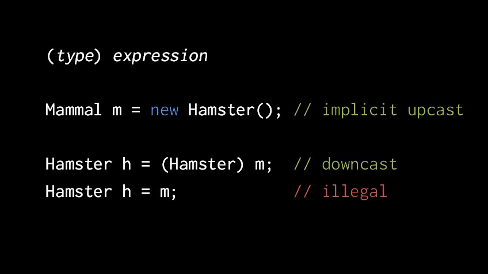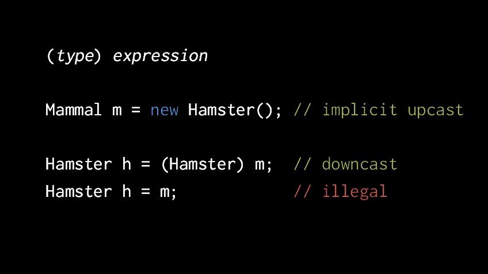As far as the compiler can see, M here might at runtime be holding a proper mammal object, or it might be holding some other subtype of mammal which is not related to hamster. Because of branching, it's quite possible that the compiler, even if it put the effort to try and figure out what M at this point is going to hold, it might actually be indeterminate, because it might, say, rely on user interaction or something else from outside the program. So even in the cases where the compiler could figure out for sure that yes, this is going to be a hamster, it doesn't bother.